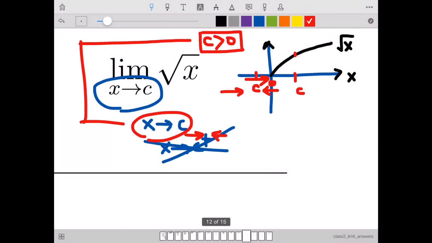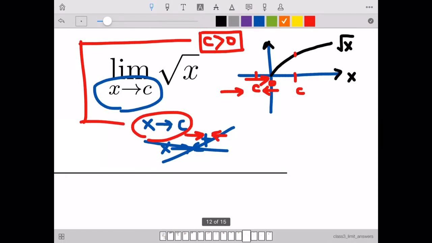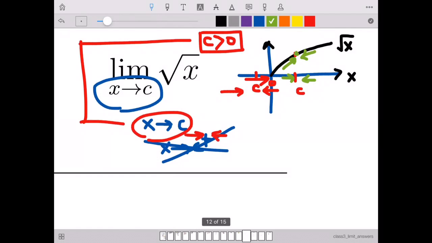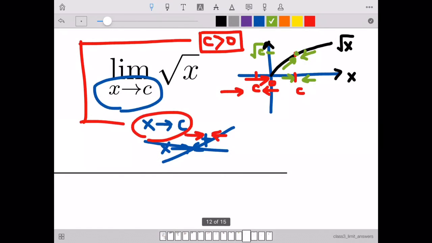Well, as x approaches c, from the left and right, the graph approaches this number, which is the square root of c. So the answer to this is the square root of c, assuming that c is positive.